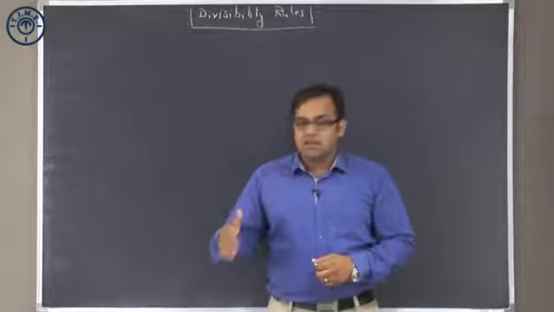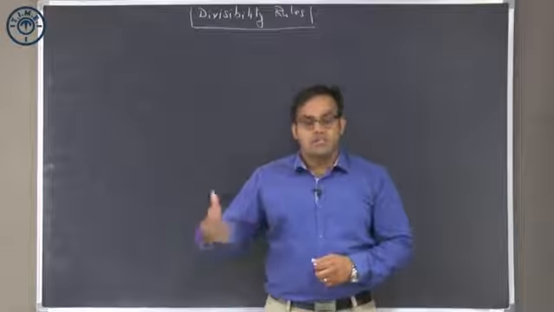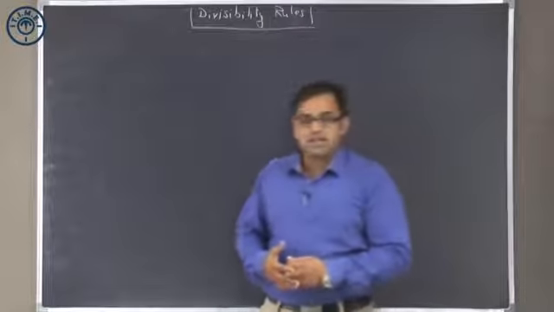Divisibility rule for 16, last 4 digits; 32, last 5 digits; 64, last 6 digits, and so on and so forth.